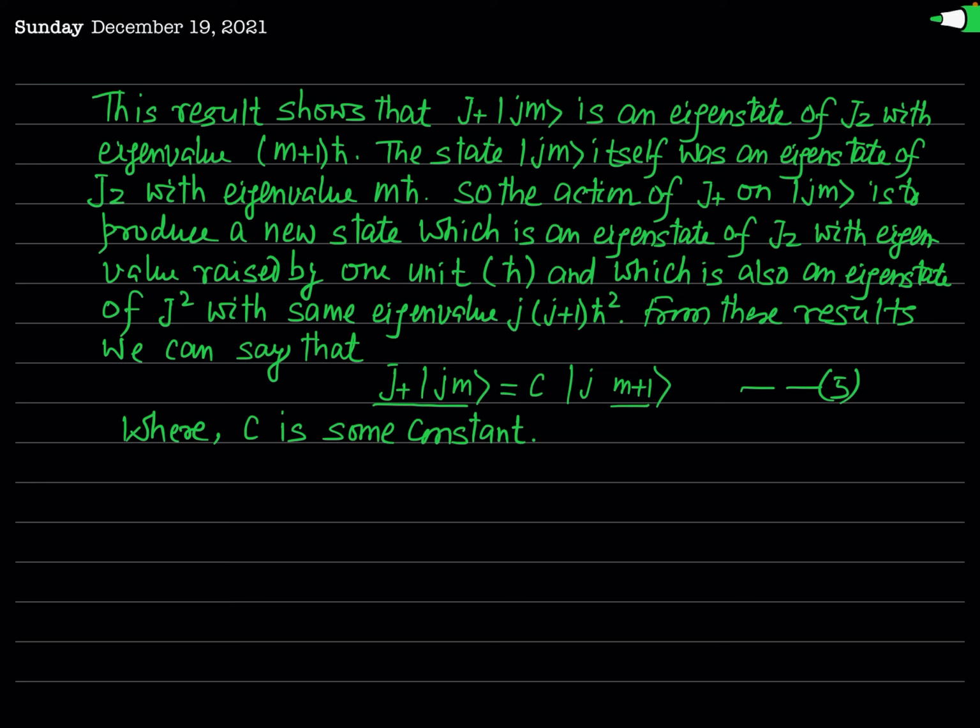But what is the actual value of this constant c? We will now obtain it. To obtain the actual value of constant c, we will do simple algebra. You can take the scalar product of this equation 5 with itself, and then you will see that the value of c can be found.